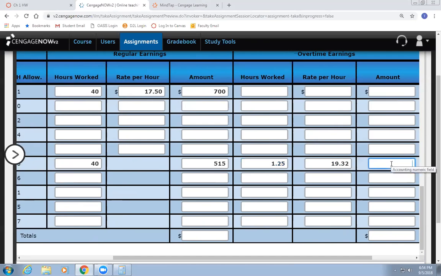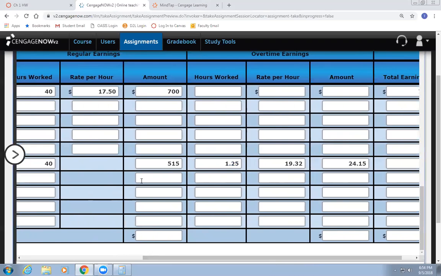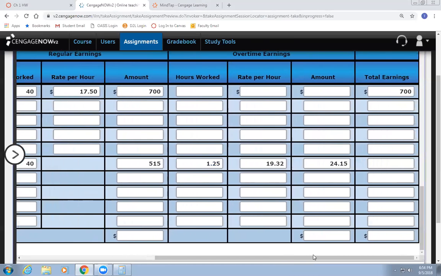For an hour and 25 would be $24.15. And then we just take her $515 plus the $24.15. So her total earnings would be $539.15.